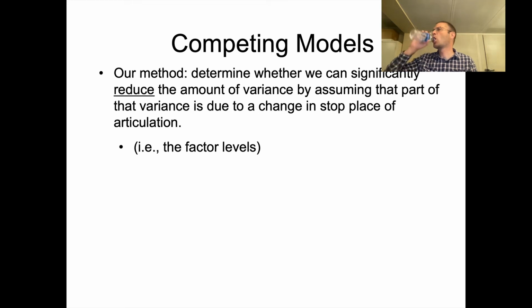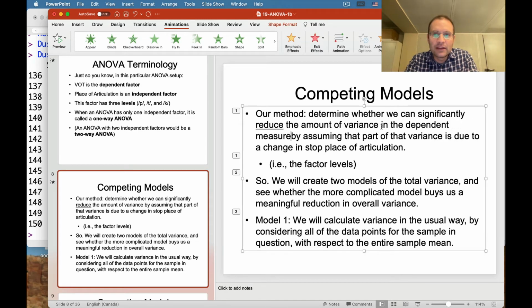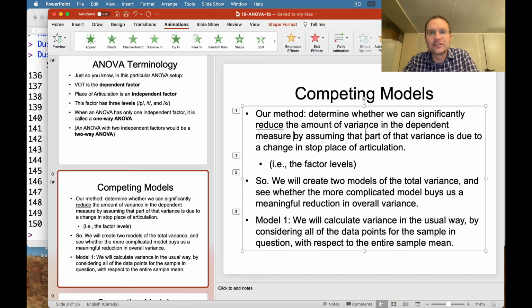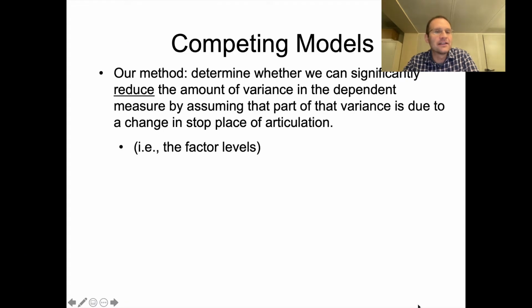The other thing we have to worry about is two ways of modeling the variance in the dependent variable. Our method is going to try to determine whether we can significantly reduce the amount of variance in the dependent measure by assuming that part of that variance is due to a change in stop place of articulation, i.e. the different factor levels.